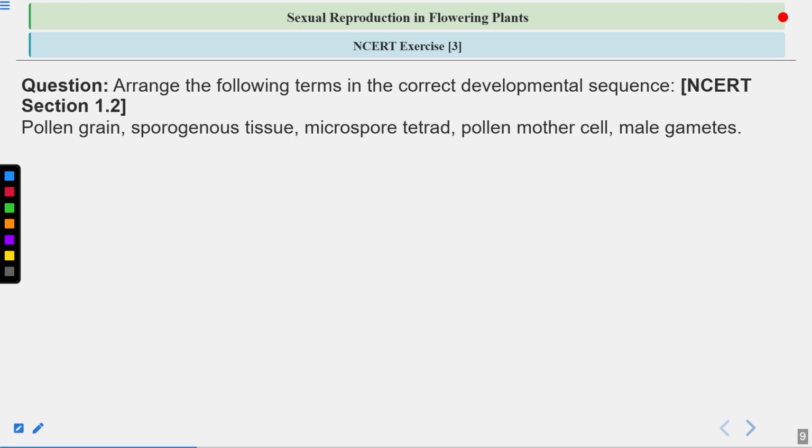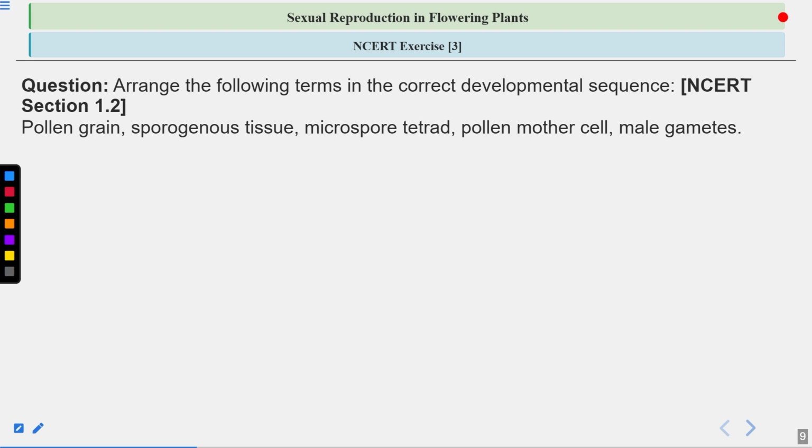The next question is very important. Arrange the following terms in the correct developmental sequence. If you are clear about microsporogenesis or megasporogenesis, then you can make a sequence of the cells that are formed in the process, right?